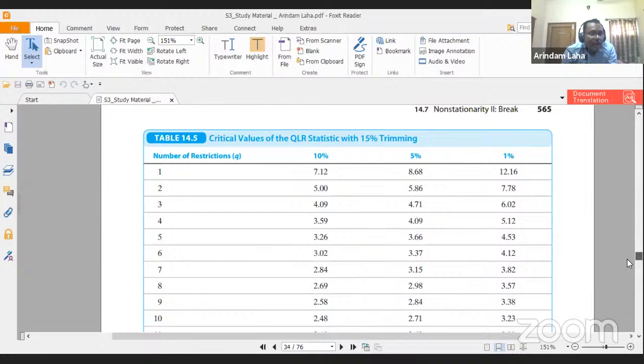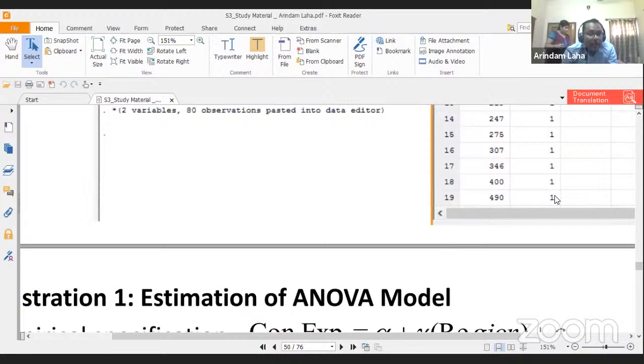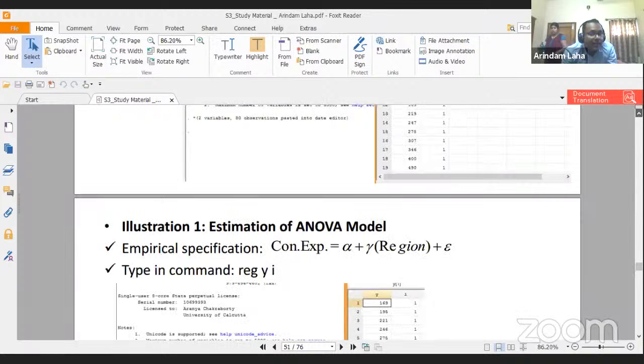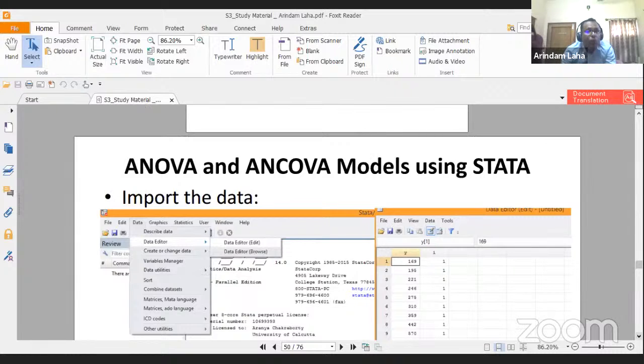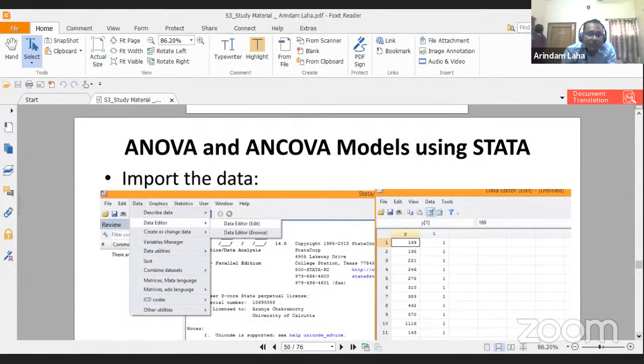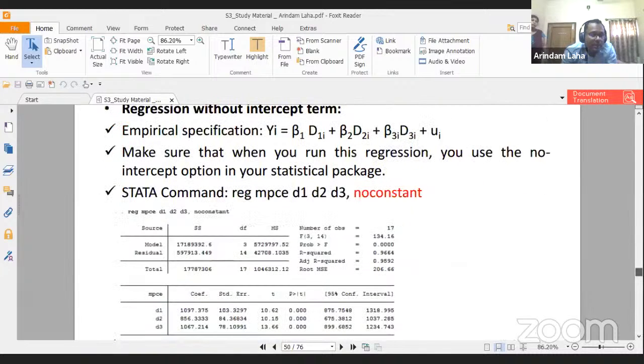Then I have uploaded some of the slides relating to the applications I have done. Starting from ANOVA, then the ANOVA model, then some detailed applications.